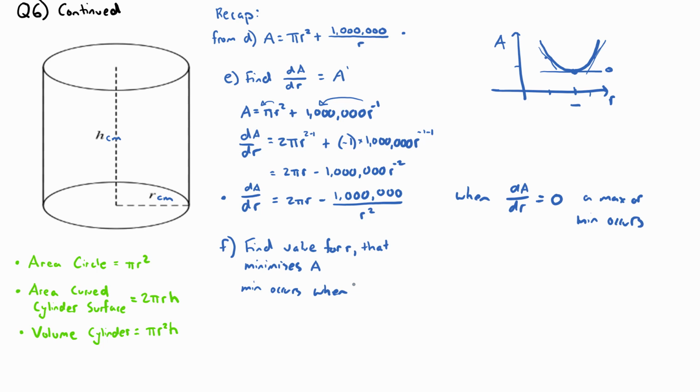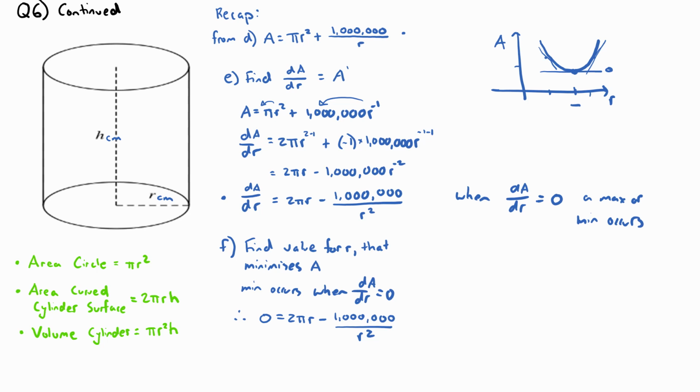So therefore, a min occurs when dA on dr is equal to 0. So I make this equal to 0: 0 equals 2 pi r minus 1 million on r squared.